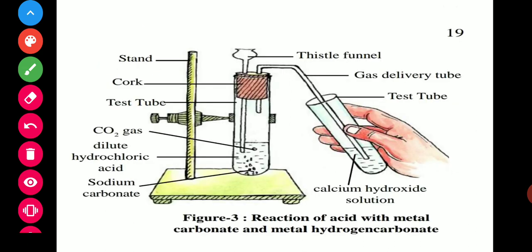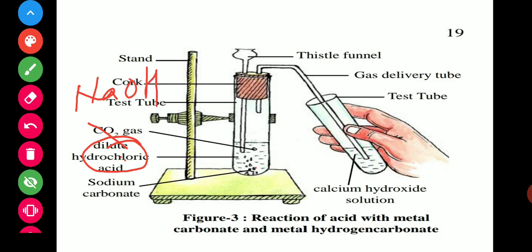You can see here what happened in this. In this, you can take zinc and some dilute hydrochloric acid, and you can take sodium hydroxide, NaOH.